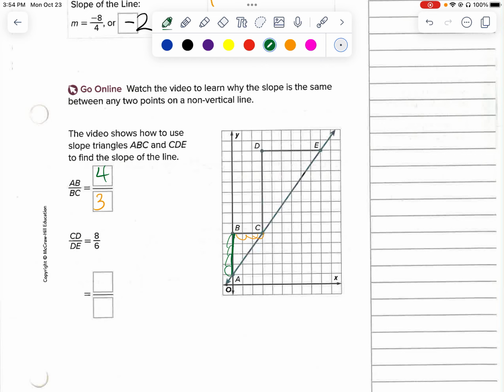If I'm going from C to D, I would go up here, and that would be 1, 2, 3, 5, 6, 7, 8. And then I would go over 1, 2, 3, 4, 5, 6. And that's where that came from. So the slope of the line is 4/3.